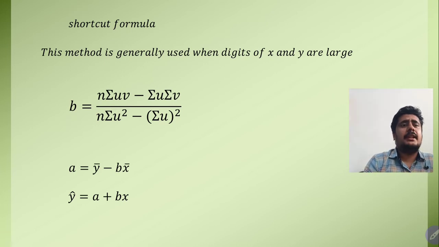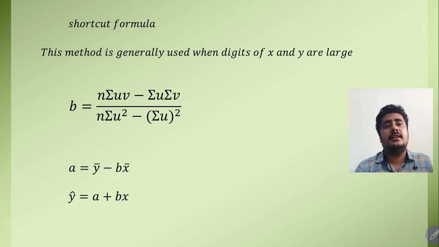If you multiply x into y, your digits will be in 10,000s or maybe in lakhs. X square will be in 10,000s or in lakhs. The totals of x and y will be in 10,000s or lakhs. So the calculation again becomes difficult. To solve that difficulty, we use the shortcut formulas if the digits are very large.